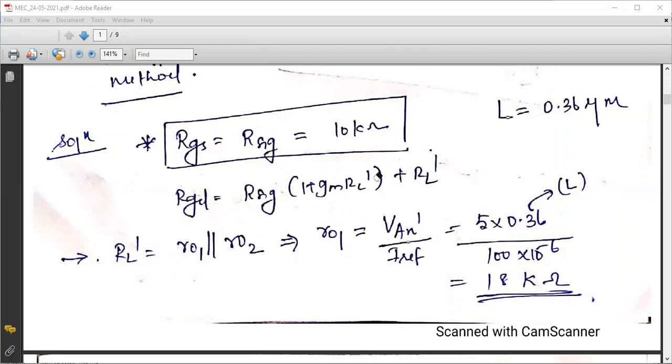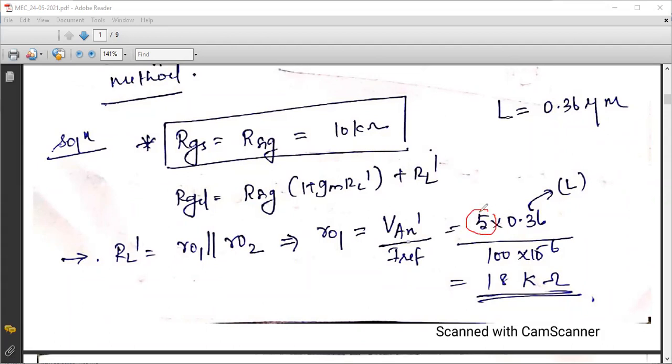Now what is VAN dash? VAN dash is the total early voltage. The total early voltage is nothing but the product of the voltage and the length, because the voltage that we have in our question is per unit length. So in order to find the total early voltage, we need to multiply the early voltage with the length of the channel.